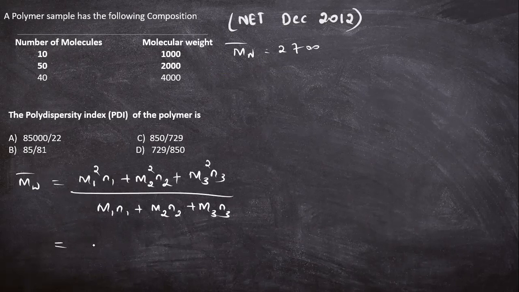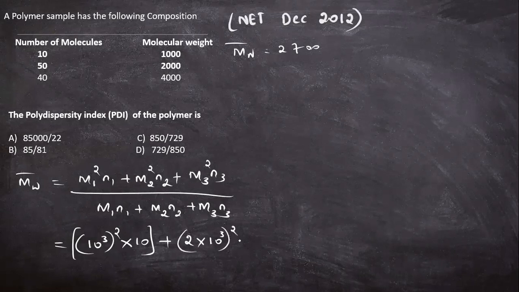M1 is 10 raised to 3, so 10 raised to 3 squared, into 10, plus M2, which is 2 into 10 raised to 3, squared, into N2, which is 50, plus M3, which is 4 into 10 raised to 3, the whole squared, into 40.